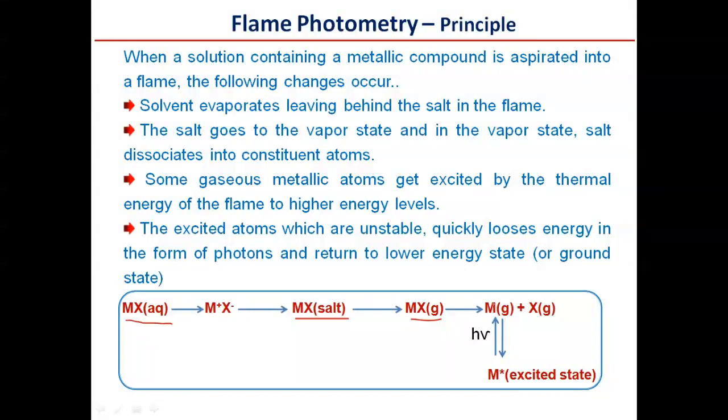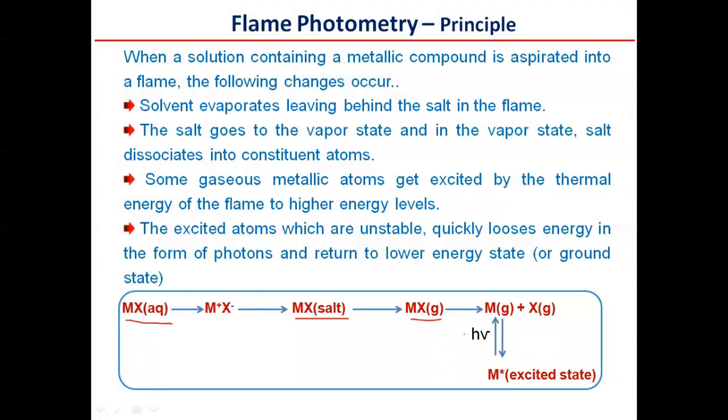All these processes happen in the flame. These gaseous metallic atoms get excited by the thermal energy of the flame to higher energy levels, or I can say excited levels. The excited atoms, which are unstable, quickly lose energy in the form of photons and return to the lower energy state or the ground state.